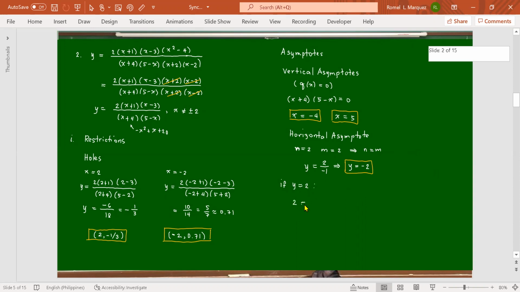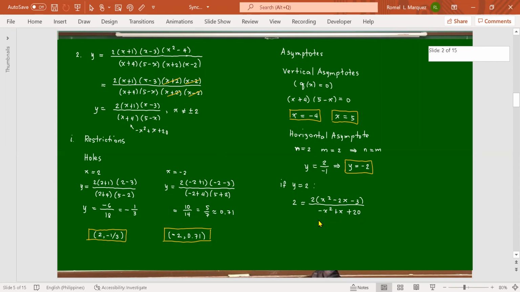So 2 times, let's now expand this: x squared minus 2x, plus negative 3, all over the denominator, negative x squared plus x plus 20, right?